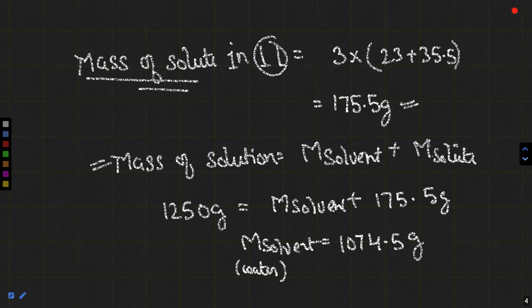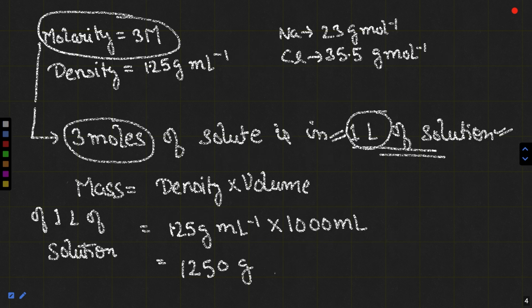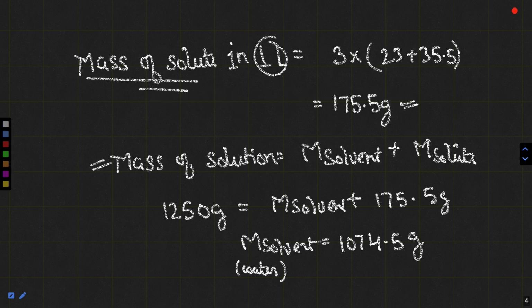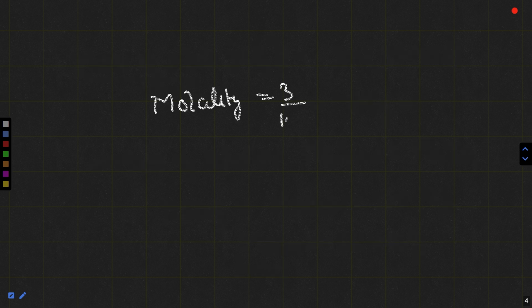So we have the mass of the solvent, and we are also aware of the moles dissolved in that amount of solvent. It is given as 3 moles of solute. So molality can be calculated as 3 by 1074.5.